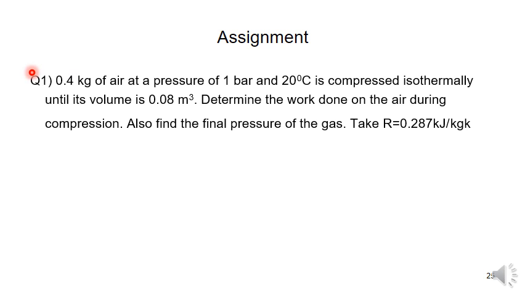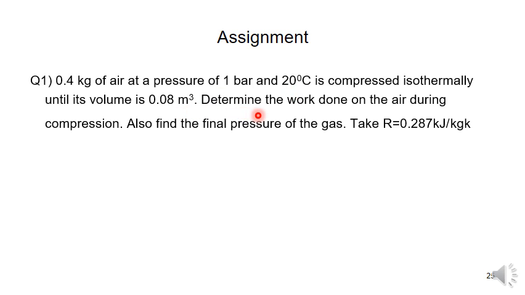What is the first problem? 0.4 kg of air at a pressure of 1 bar and 20 degrees centigrade is compressed isothermally. Compressed isothermally means the work done will come as P1 V1 log V1 by V2. The compression ratio R is equal to V1 by V2. The m value is 0.4 kg, pressure 100 kilonewton per meter square, T1 is 293 Kelvin, volume V1 is 0.08 meter cube.